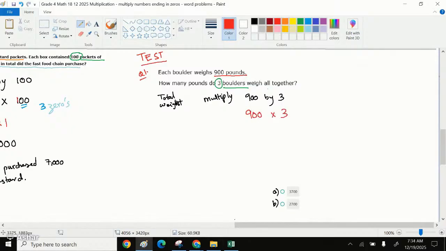Yes, your answer is correct. Thank you so much. We count the number of zeros, 2 zeros we have. 9 multiplied by 3 is 27 with 2 zeros. So 2,700 is the correct answer.